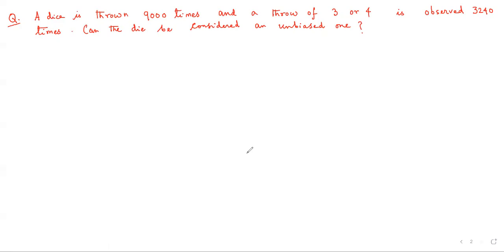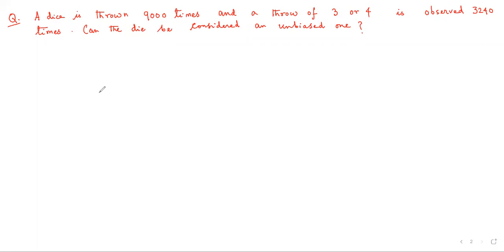So we need to make some sort of hypothesis here, first of all. Now listen to me very carefully. In hypothesis testing problems, there are some protocols which need to be maintained. One after another, I'm going to tell you the protocols that you must follow.